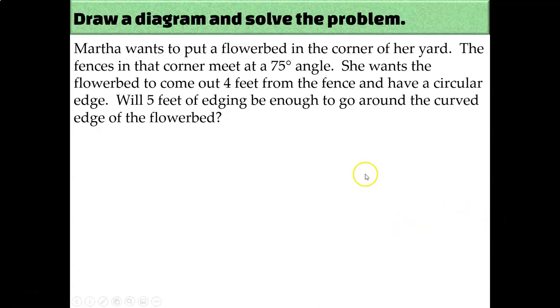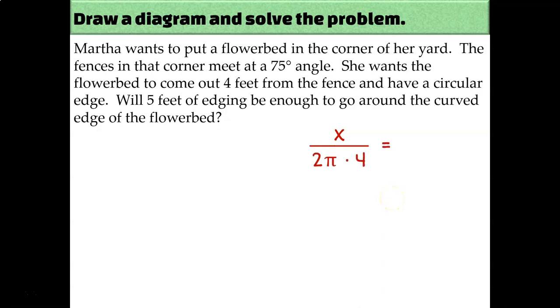Well, let's fill in our formula. We're looking for the arc length. That's going to be synonymous with the edging for her flower bed, so we'll call that x. The flower bed is going to come out 4 feet from the corner of the fence and have a circular edge, so in other words, the radius of that circle is 4 feet. So I have 2 pi times 4.